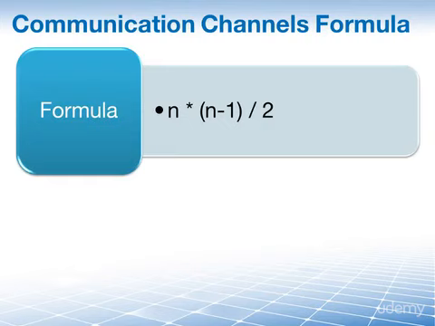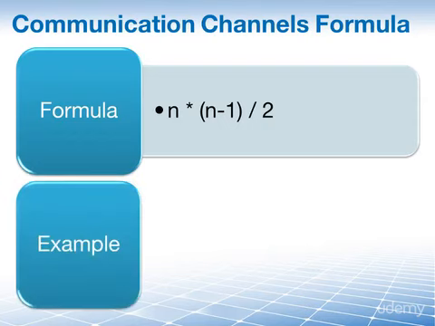Let's take a look at this in an example. Let's assume you are holding a party for 100 team members. So the N up there in the formula is 100. If at the end of the evening each of your team members, each of your guests has spoken to every single other team member, so each of them needs to talk to 99 other people, how many communications have actually happened? Well, let's plug in the numbers here.